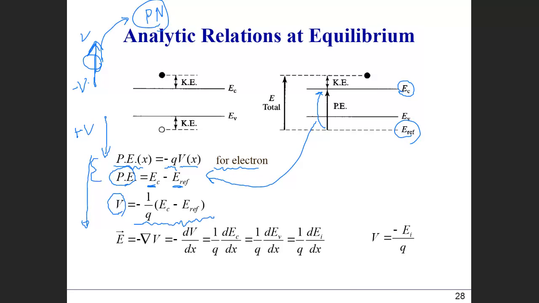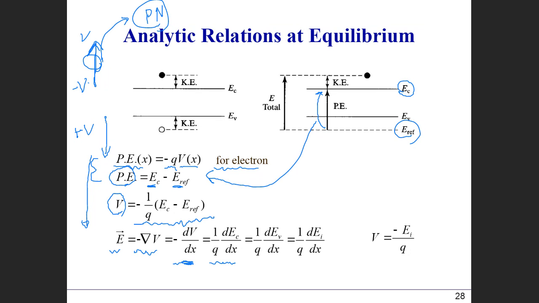Now, as you know, electric field and potential have this kind of relationship. If we take the derivative of the potential, we can obtain the electric field. If we look at only a single direction, let's say only the x direction, then from this relationship we have this kind of relationship.